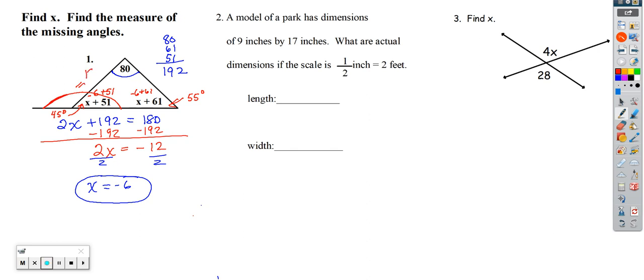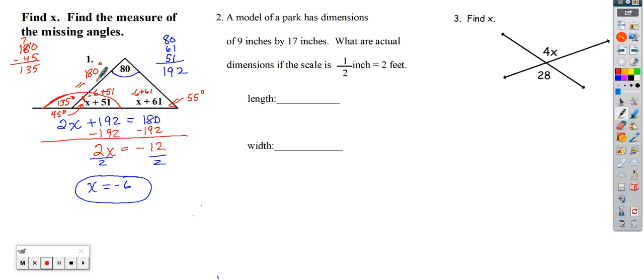Those are supplementary, 180 degrees. 180 minus 45 gives me 135 degrees. So 135 degrees for this angle plus 45 degrees for this angle right here, and that adds up to 180.